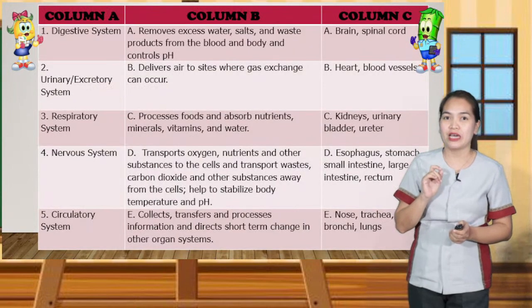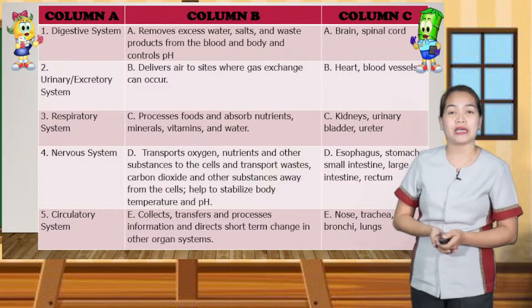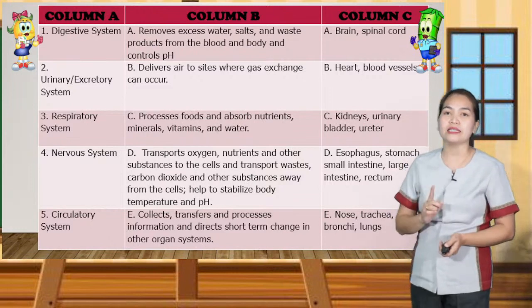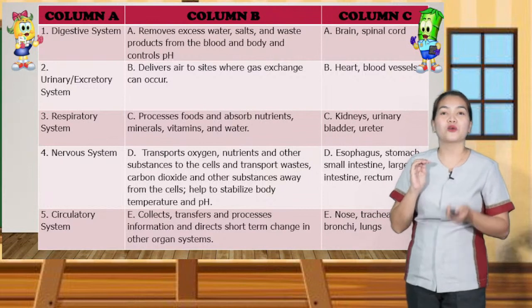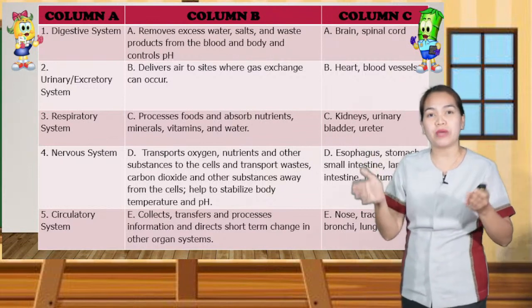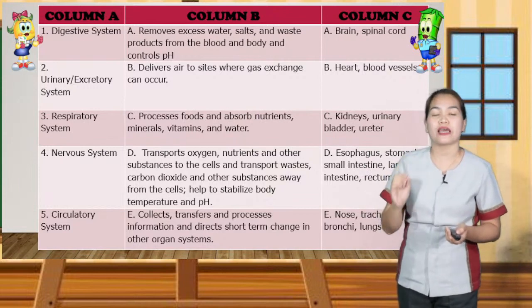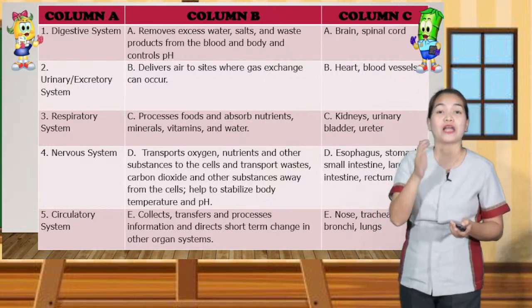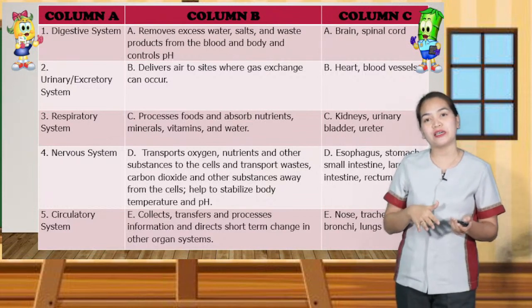Are you ready? Get ready with your pen and paper, because this time you will do your first activity. I have here column A, B, and C. I am going to give you 30 seconds to read, understand, and analyze in order to answer it. So your 30 seconds starts now.